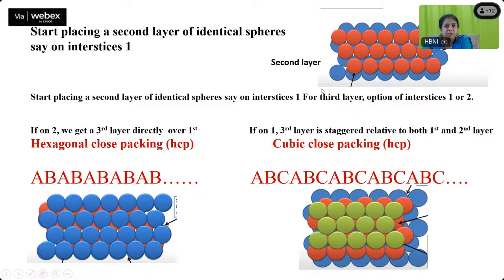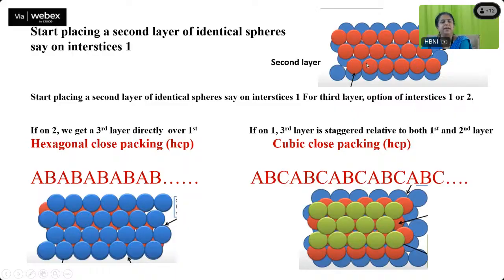For the third layer, now you have an option. Either you can place it on 1 or you can place it on 2. Now, if you carefully look at it, if you place it on 2, that is the one that is pointing downwards, then you are placing the third layer exactly on top of the first layer. Okay.